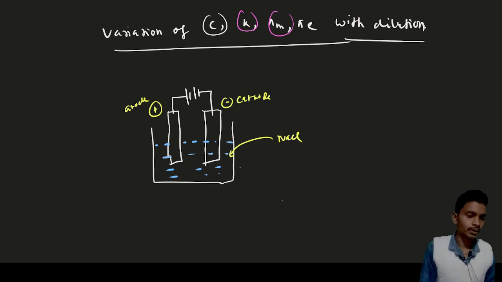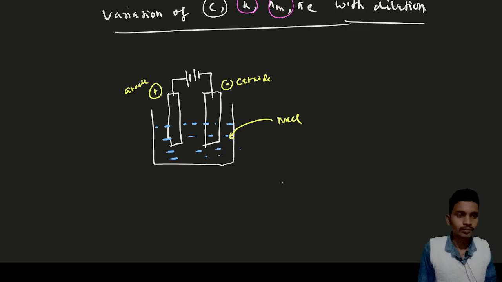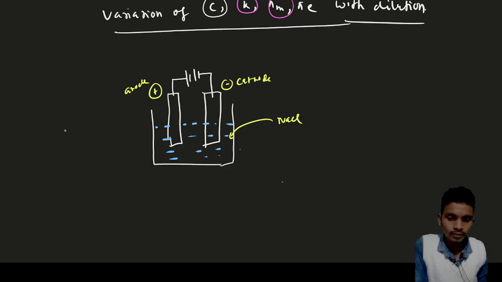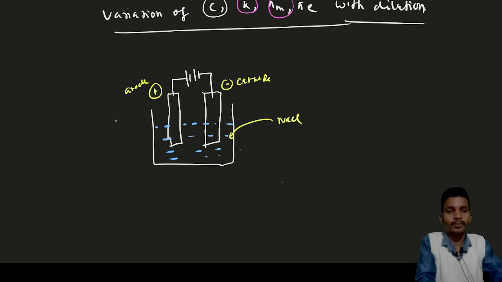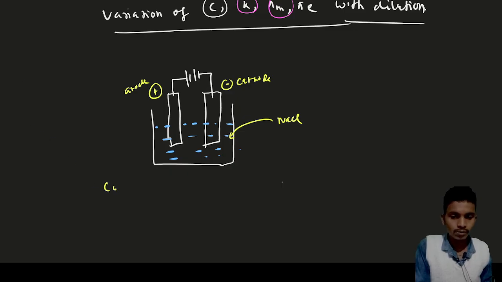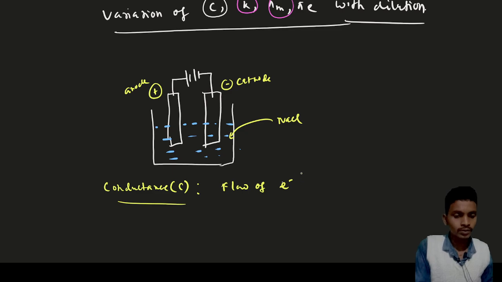So let me define it. Conductance C means flow of electrons offered to all ions of the electrolyte.